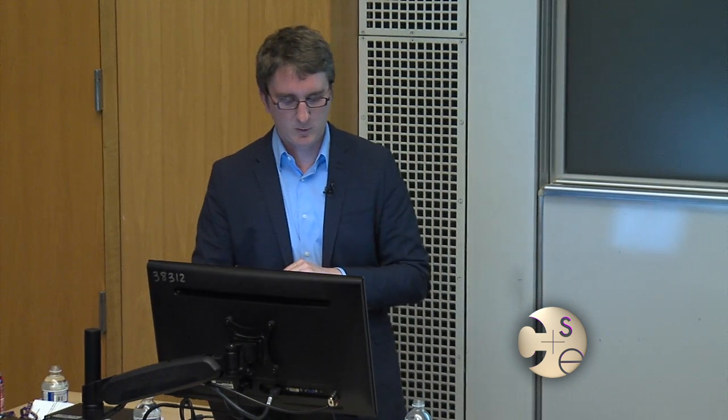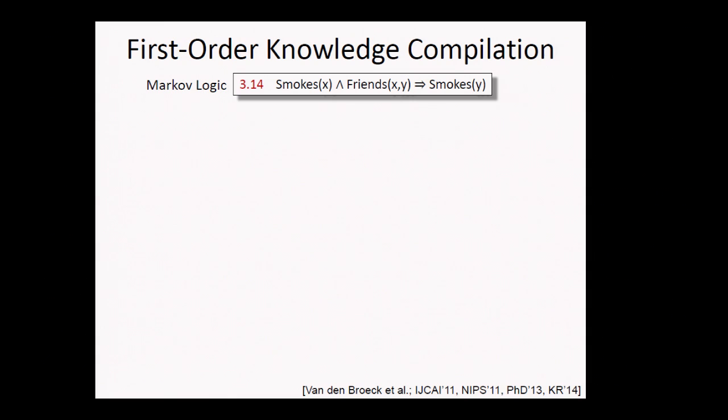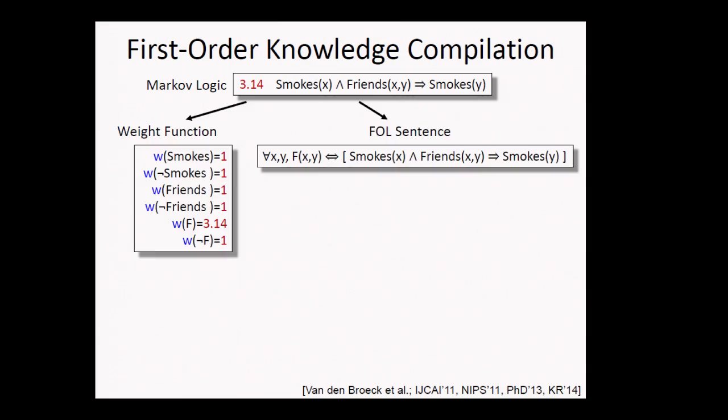And in fact, we have algorithms that are based on these principles. So this just gave you the intuition. The algorithms are a little bit more complex. What they do is they start from some statistical relational model, like this Markov logic network that we saw before. It models all these intricate relationships in a statistical way. And like I told you, we're going to reduce this problem to a weighted first-order model counting one, where we take these weights out of the equation, and we just end up with a sentence in first-order logic.